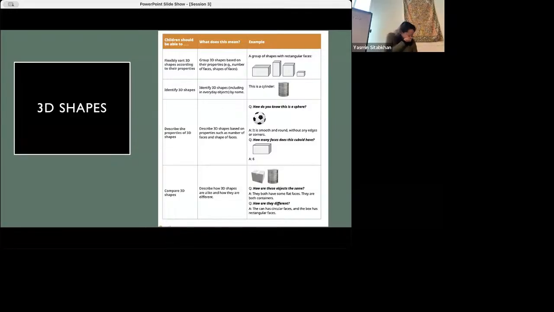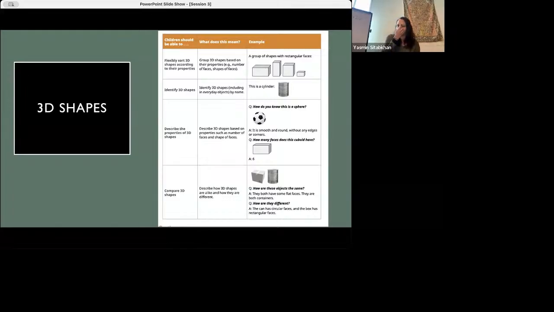Oh yeah, cuboid and cube. Thank you for the difference. So you use both. Anyone want to answer that question?